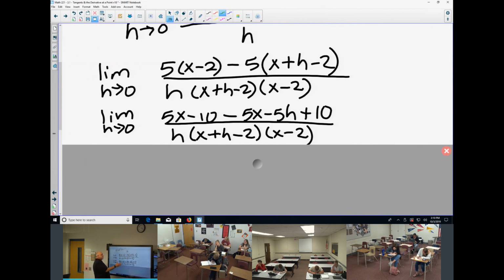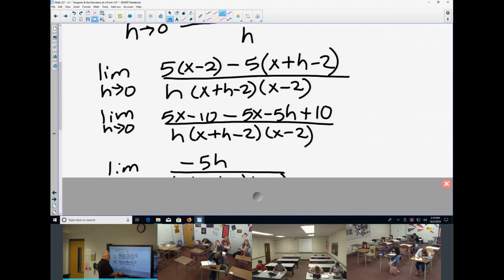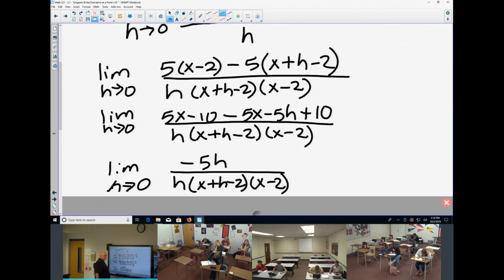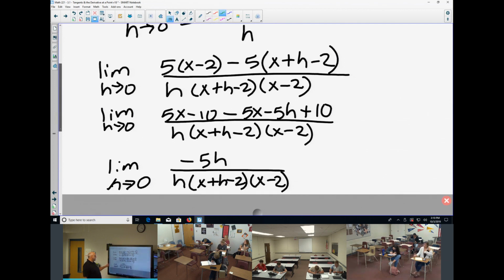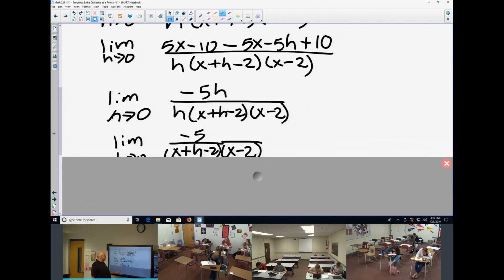What will happen is the 5x's cancel, the 10's cancel, and so all you're left with is negative 5h over the denominator. Now the h's will cancel because h is a factor, so you can cancel the h's.